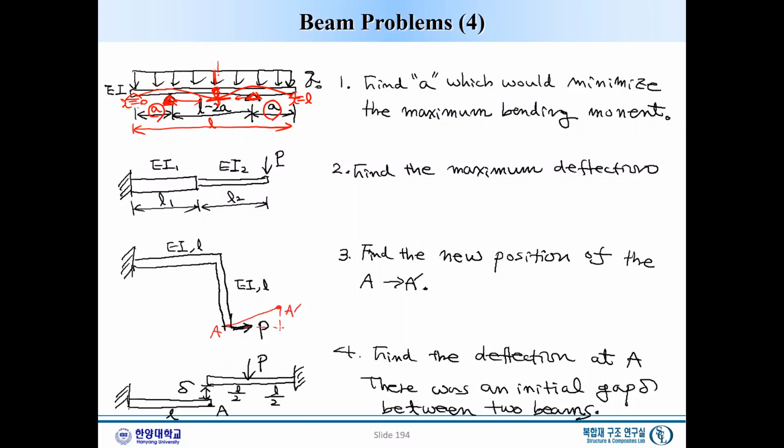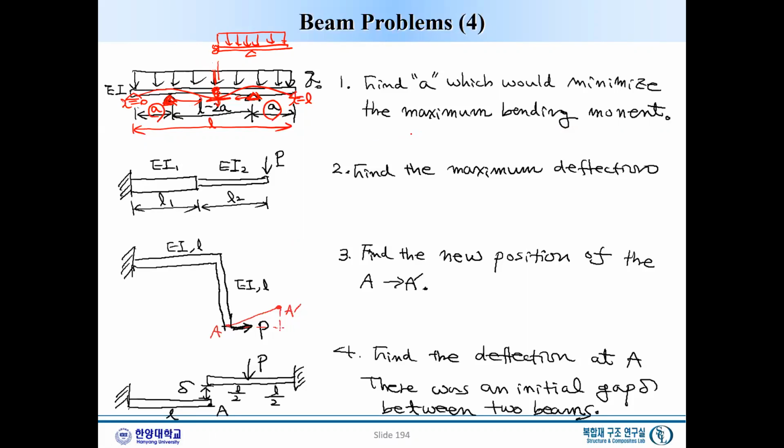So I will draw again here. We can draw this like that, and there will be some distributed load. But boundary condition wise, on the left-hand side there will be a sliding boundary condition. Okay, so this is the case we can consider.